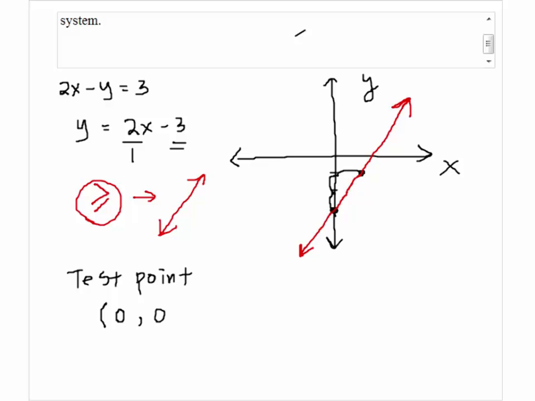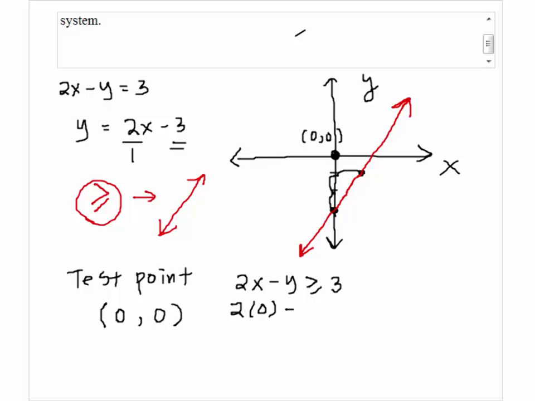So I'm going to choose the easy point, which is (0, 0), since (0, 0) is not on the line. So we are going to plug (0, 0) into the original inequality to see if the statement is true.